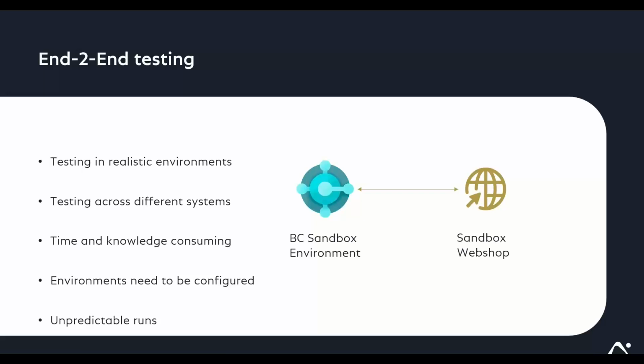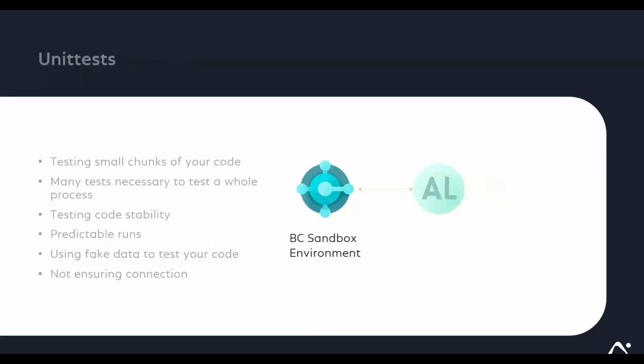So when you think about coding, the only real test scenario which makes sense is unit testing. So we test without any running system, and we test small chunks of code. Even if it is necessary to test the whole process, we do not test the whole process as one piece, we test just the small chunks of the process and test everything.